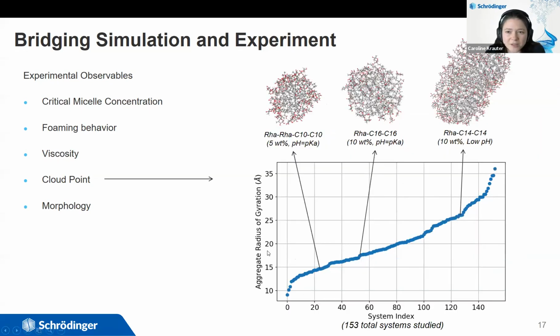We didn't look into cloud point itself, but what is important for the cloud point is, of course, the size of the different aggregates in the solution. So we are analyzing those. And what we get is a wide range of different aggregate sizes, depending on the conditions, the size of the systems, etc. So the radius of gyration is one parameter that we transported further into our machine learning approach.